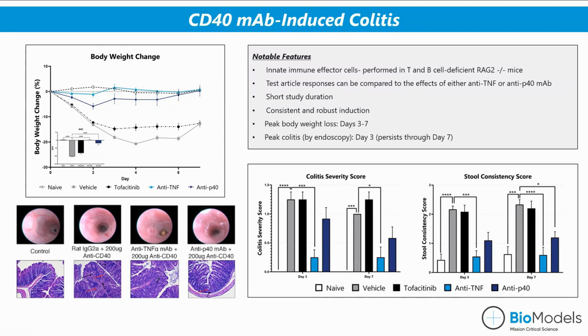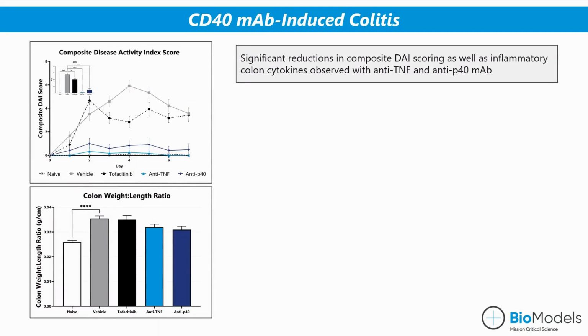control group. And again, colon histopathology can be used to get a more granular view of the affected tissue. Following a similar trend to the other in-life readouts, treatment with both anti-TNF-alpha and anti-p40, but not tofacitinib, results in a significant reduction in composite DII scoring compared to the vehicle control group.